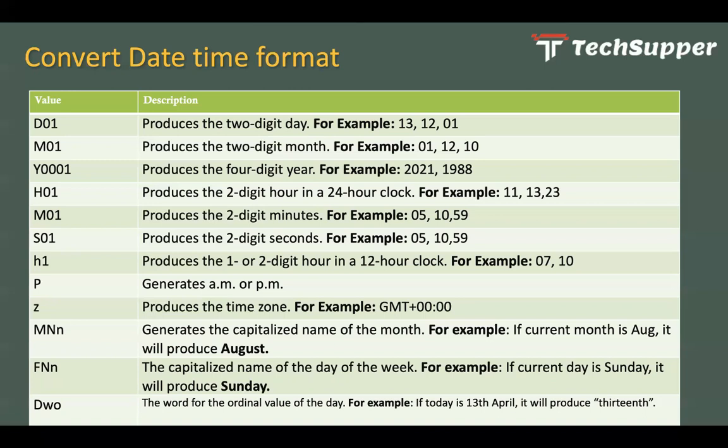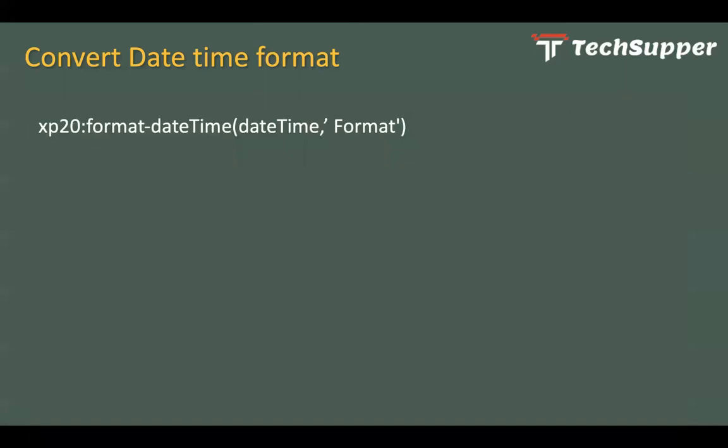Okay. So if you want to convert a date and time format, there's a standard function called format-dateTime, which takes two arguments. One is the source date and time. Make sure the value you are passing is of the date and time type, otherwise this function will not work.